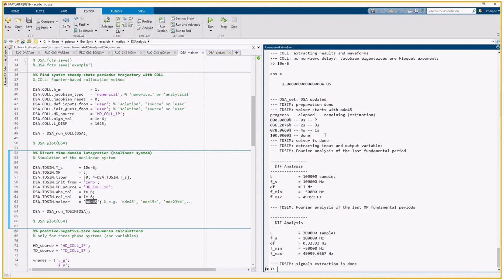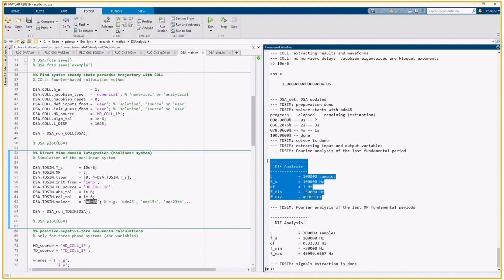Some time has passed. It has taken a bit more than 4 seconds to solve this. Then the command window shows that the solver is done, that input and output variables have been extracted, and also that Fourier analysis of the last fundamental period has been performed.